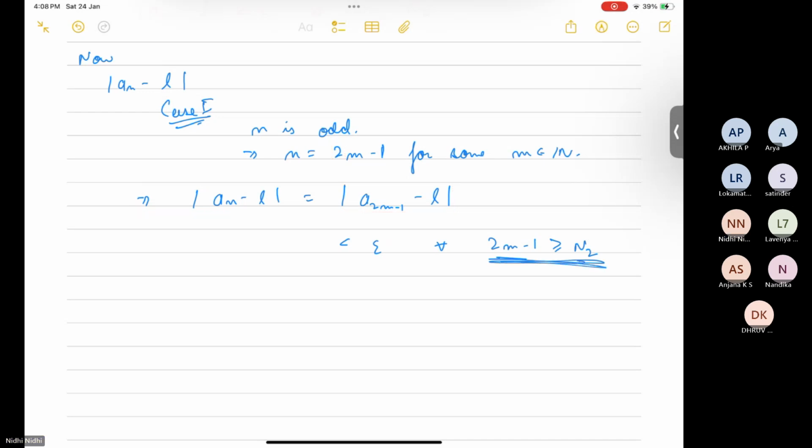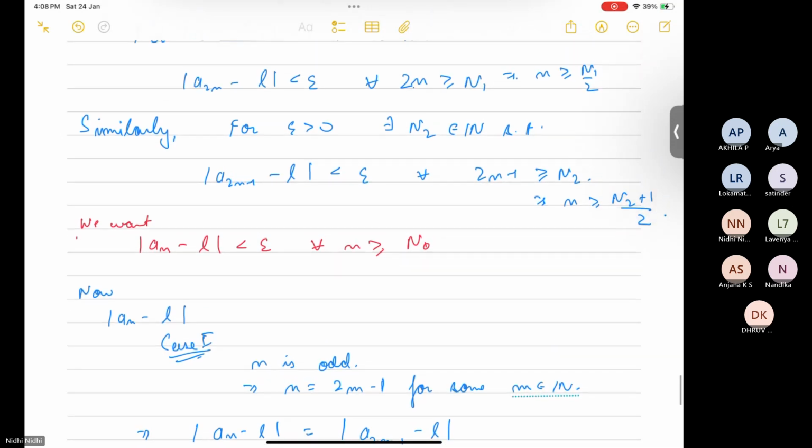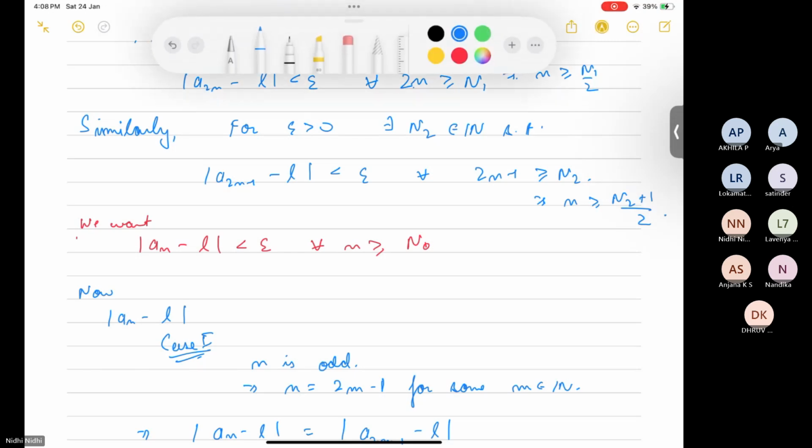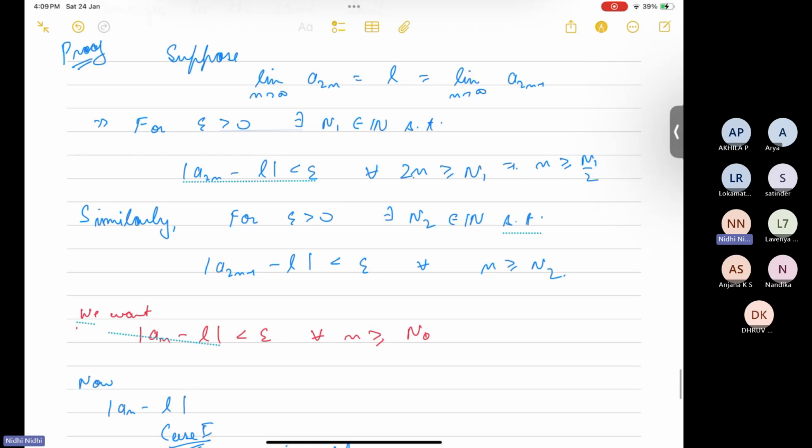So just replacing m, wait a second. It should be n only.